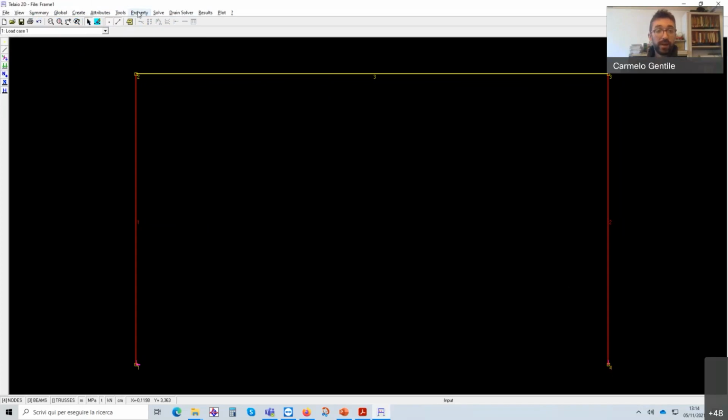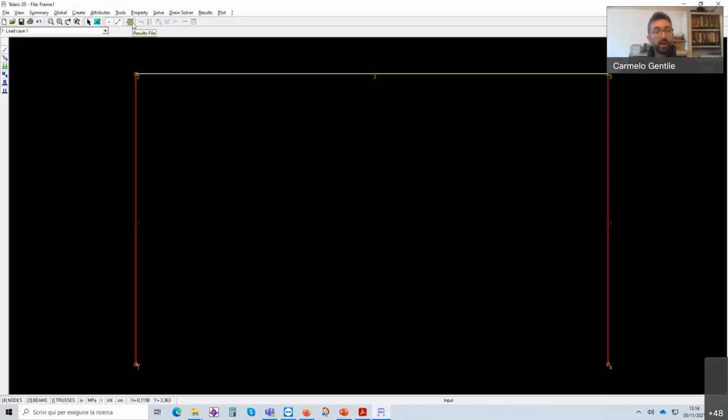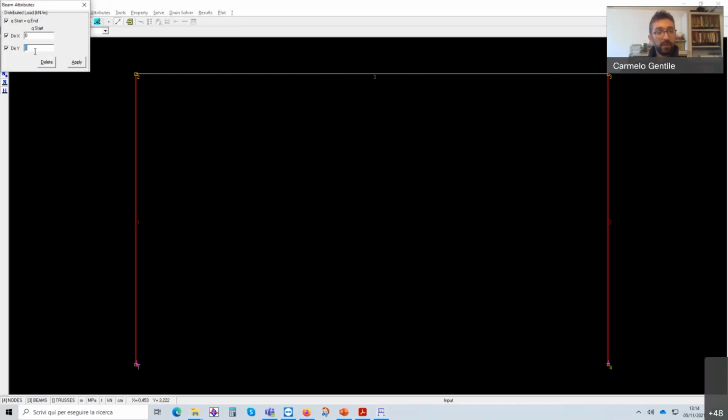Now we have to impose the load. The load was equal to something. Okay, I didn't write how much it was. So beam distributed load minus 10, minus 3 kilonewton over meter, which is let's say a standard load for residential loads.